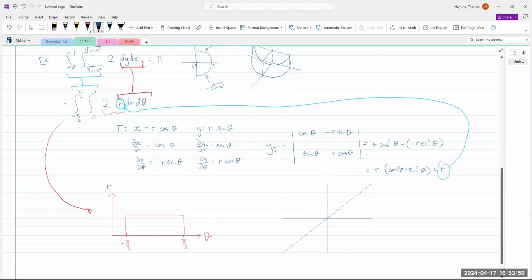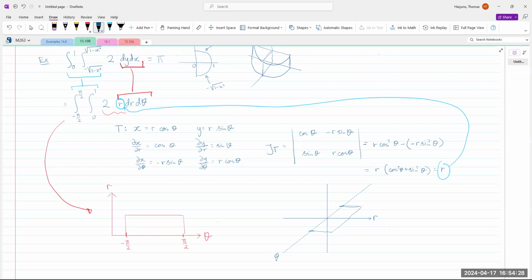If I try to draw it in 3 dimensions, it actually looks like this. Suppose this is theta and this is r. My theta is from negative pi over 2 to pi over 2, and r is from 0 to 1. So the domain of integration looks like this, which is a rectangle.